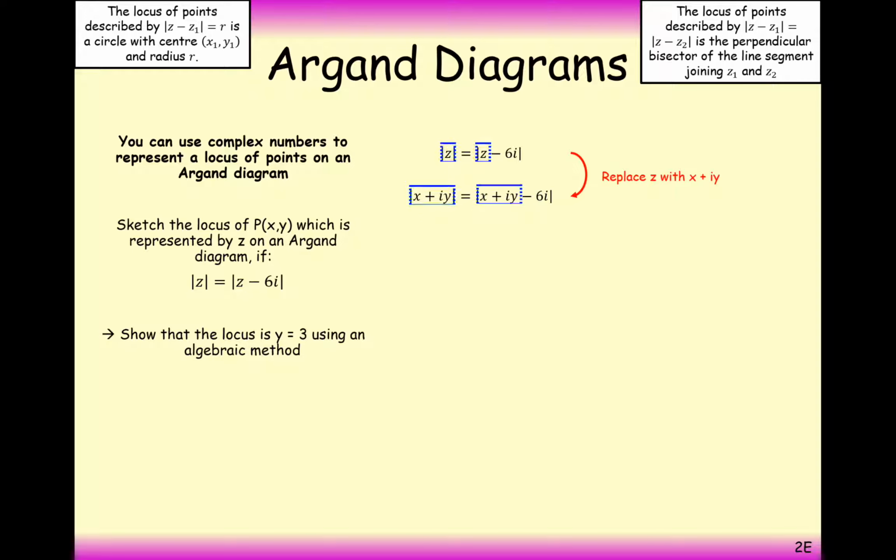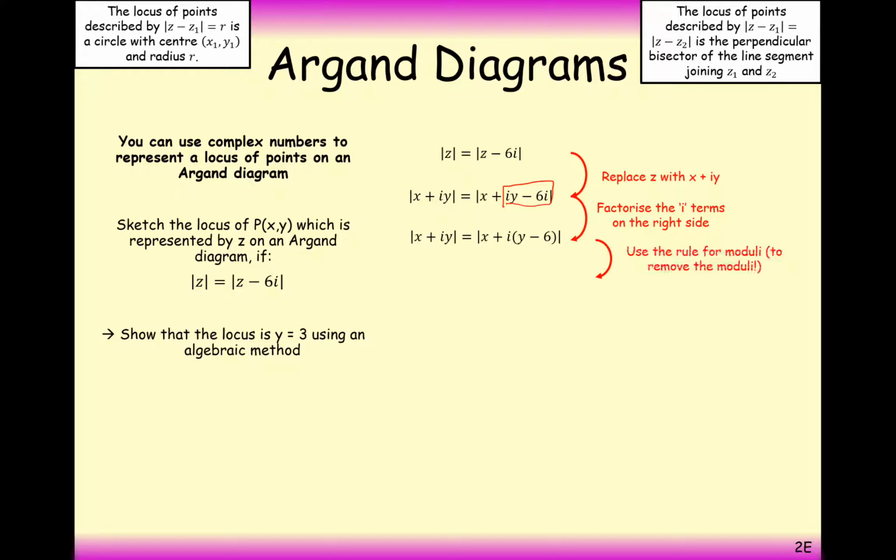Now remember the definition of the modulus symbol, it's the square root of the real part squared add the imaginary part squared. So first we group together the imaginary parts on the right hand side of the equation and then follow the instruction of the modulus symbol.